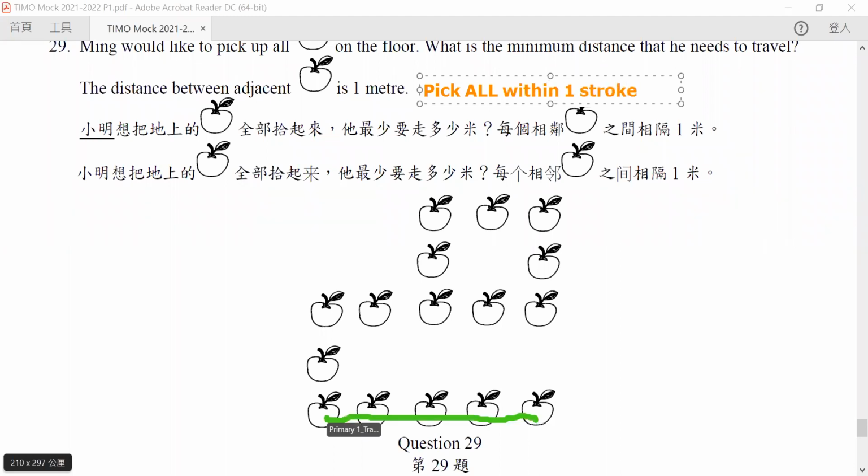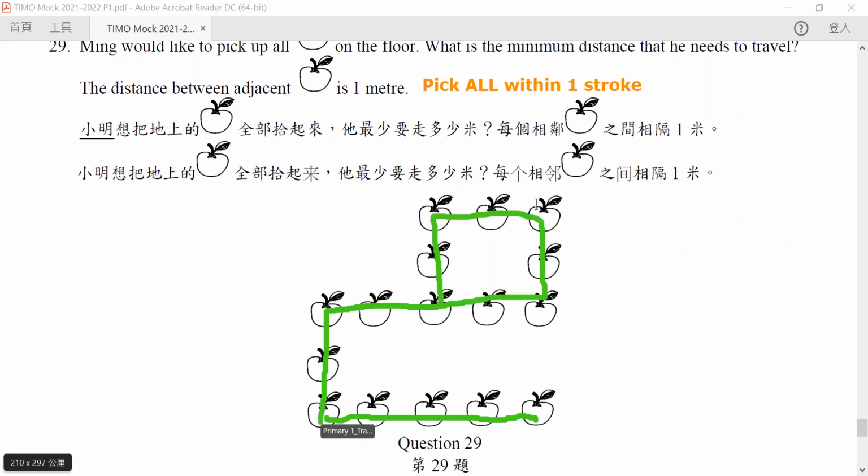Now, what do you mean by within one stroke? It means that we pack them all in one go. We do not go back to the same position to pack them up. Yes, right? We will pack it within one stroke.